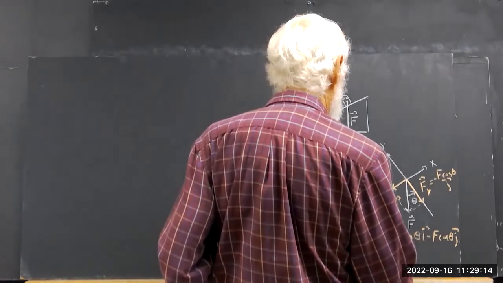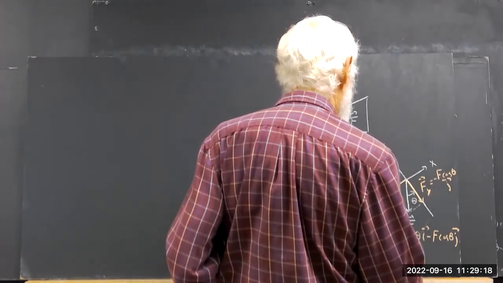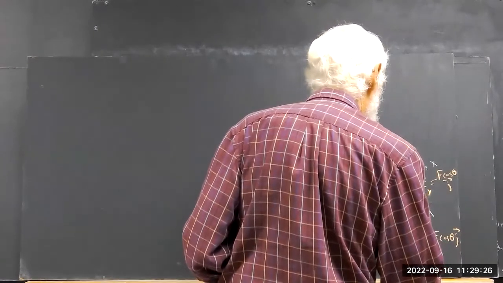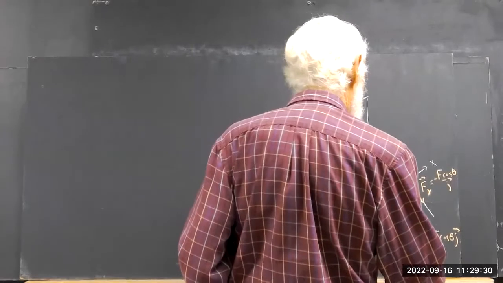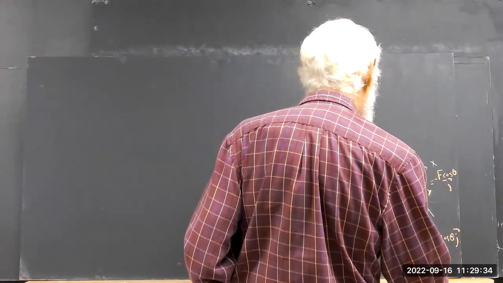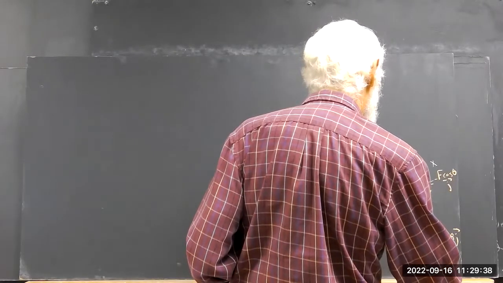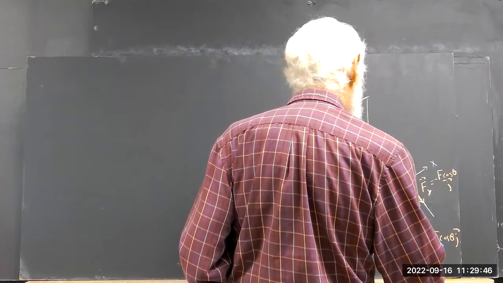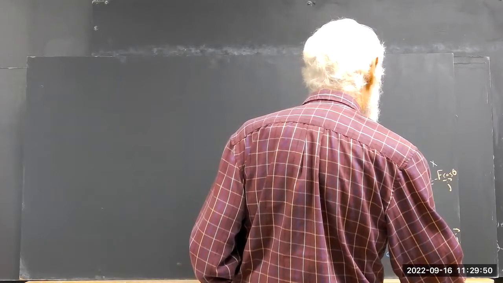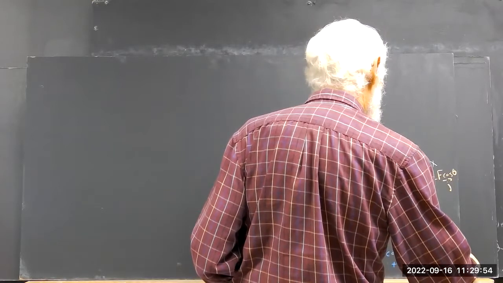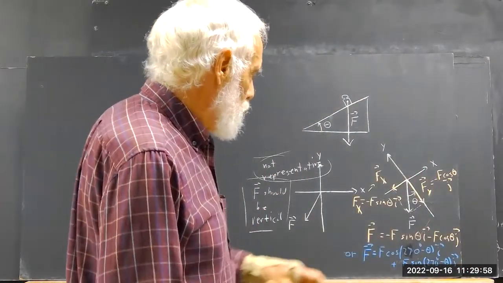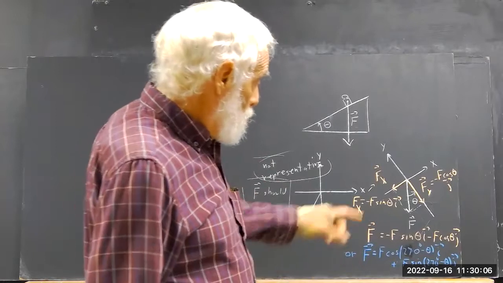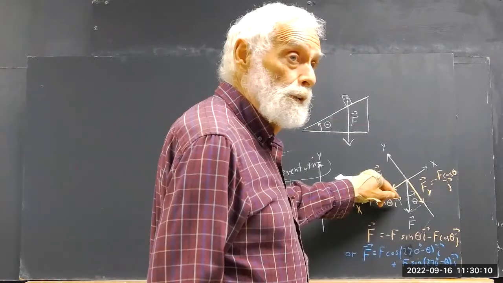Now, you might think I'm complicating things, and maybe I am, but anyhow, I could write that as F times the cosine of 270 degrees minus theta times I, and F sine of 270 degrees minus theta times J, which means that I'd have been measuring theta counterclockwise from the positive x-axis.